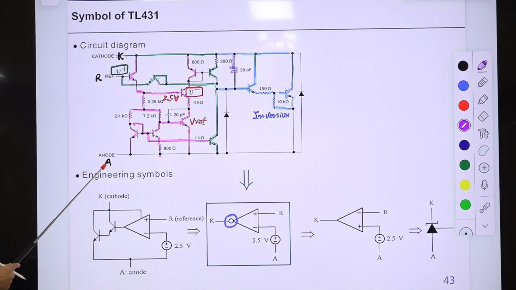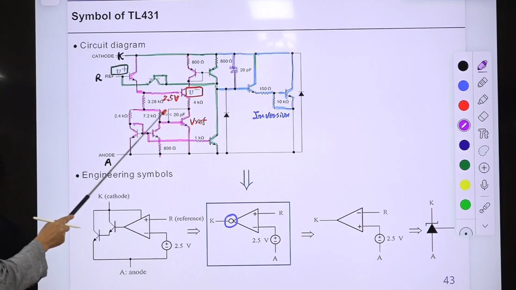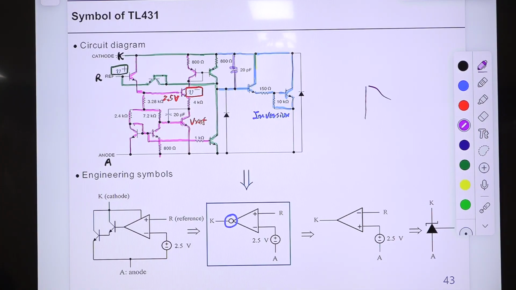This is the anode, which is ground, and this is the reference, which is the non-inverting port, and this is the inverting terminal. But the inverting terminal is inside of this chip. Usually, the operational amplifier has this symbol, with the inverting terminal here, the non-inverting terminal here, the output, and the bias terminal.